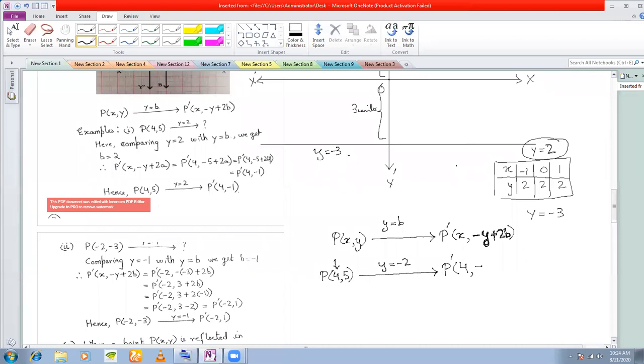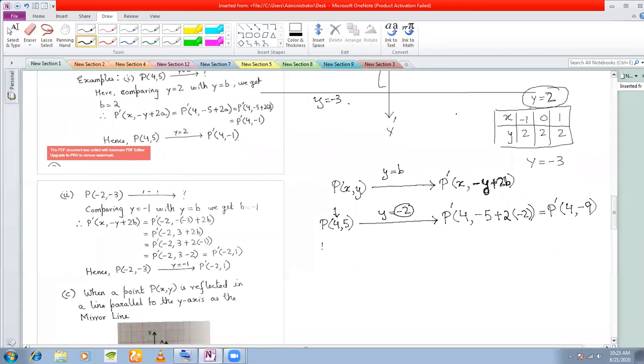I'll first change the sign of the y coordinate and add 2b to it. What is b here? b is minus 2. So I'm getting 4 and minus 5 minus 4, which is minus 9. Clear? Or should I take one more example?